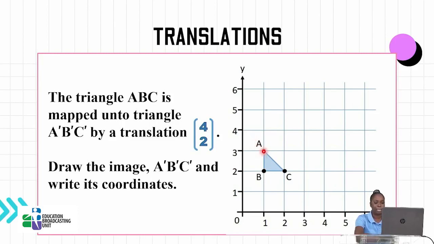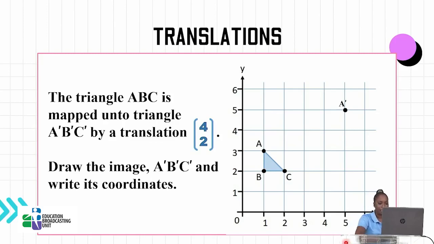So let's begin with point A. The translation vector, the column vector, asks us to translate this triangle 4, 2, which means we are going to travel 4 places to the right and 2 places up. So let's do that. 1, 2, 3, 4, and upwards 1, 2, which means A prime is going to be in that position.